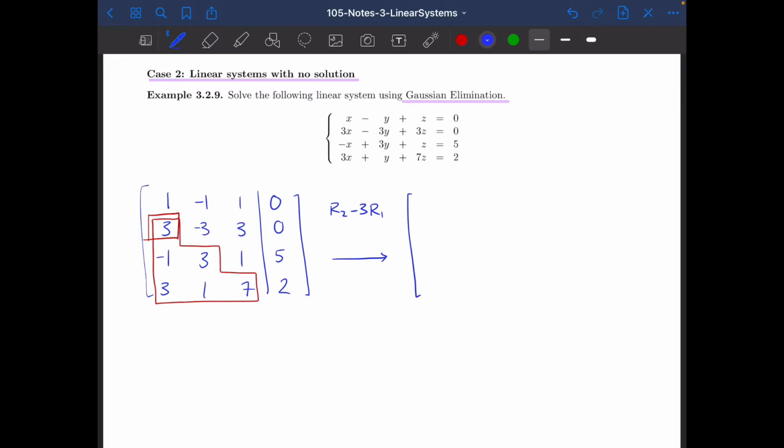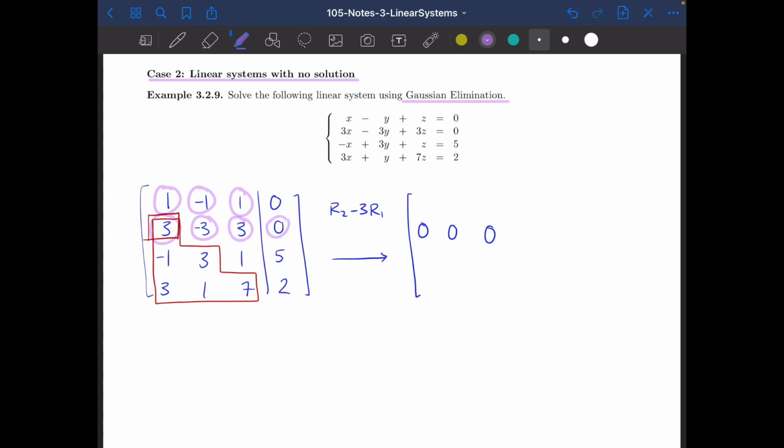And so in my new second row, I will have 3 minus 3 times 1. That gives me the 0 I was looking for. Minus 3 times minus 1, minus 3 plus 3, that also gives me 0. 3 minus 3 times 1 is still 0.